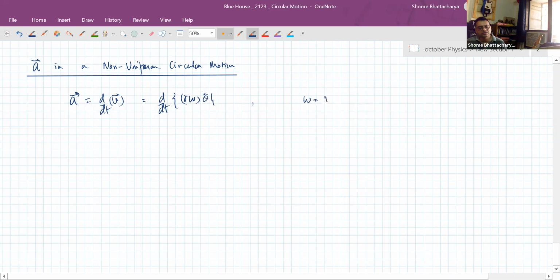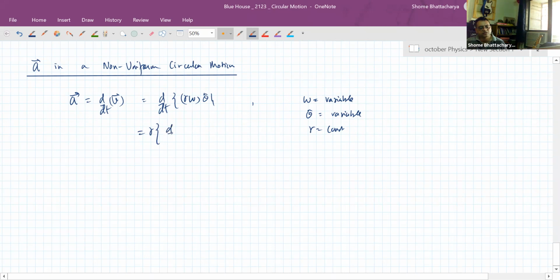So here omega is a variable and theta cap is also a variable. Only the radius is constant. So we have to use the product rule. The r comes outside, multiplied by the differentiation of the product of these two.